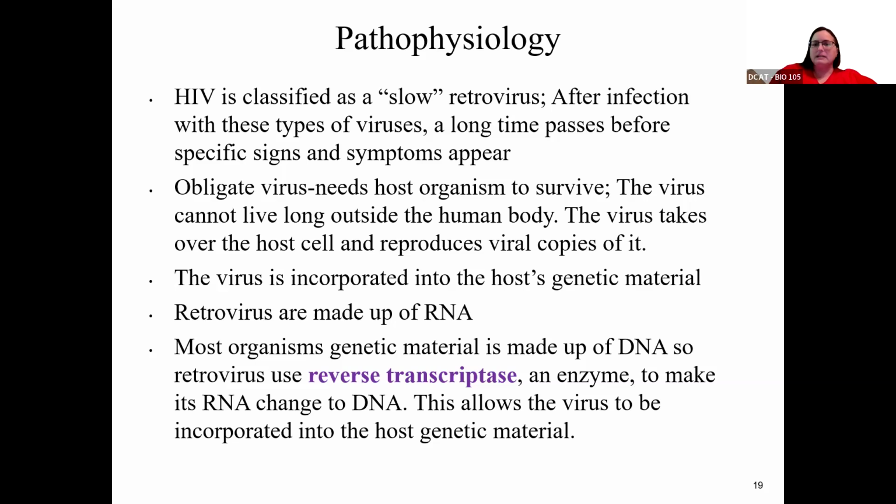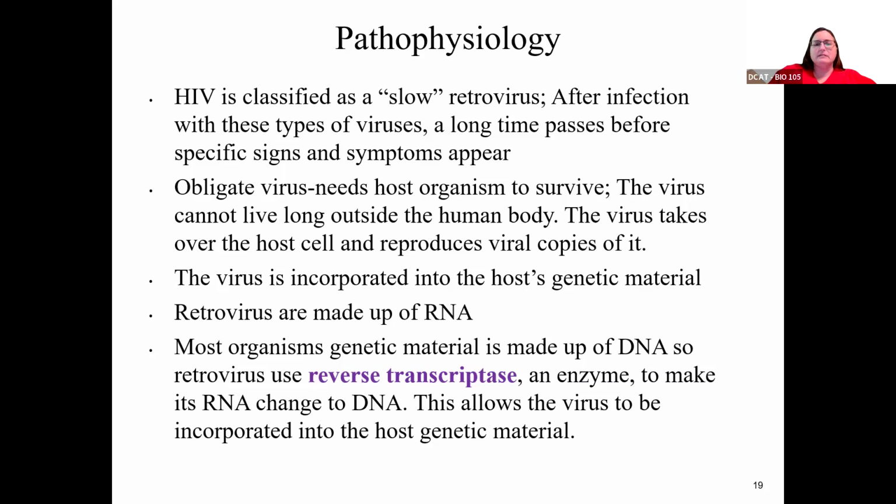So the virus can't live outside the body on its own. The virus is going to take over the host cell and reproduce viral copies of itself. We're going to talk in detail about the steps the virus takes to take over the human body cells.